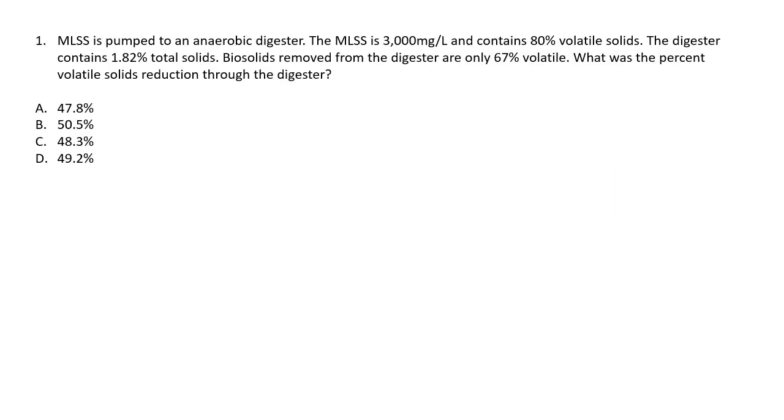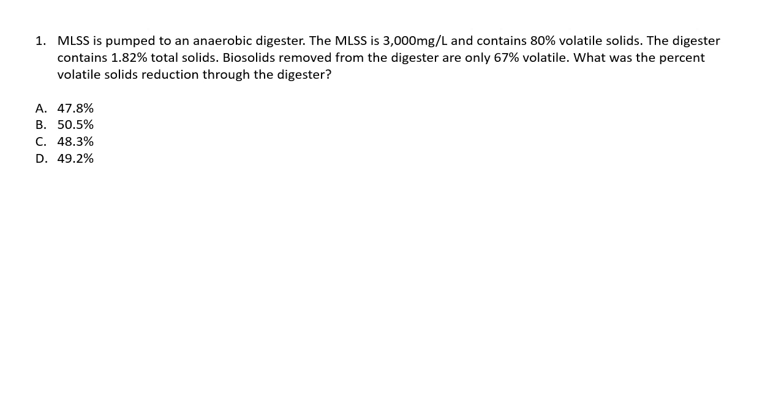Question 1. MLSS is pumped to an anaerobic digester. The MLSS is 3,000 milligrams per liter and contains 80% volatile solids. The digester contains 1.82% total solids. Biosolids removed from the digester are only 67% volatile.